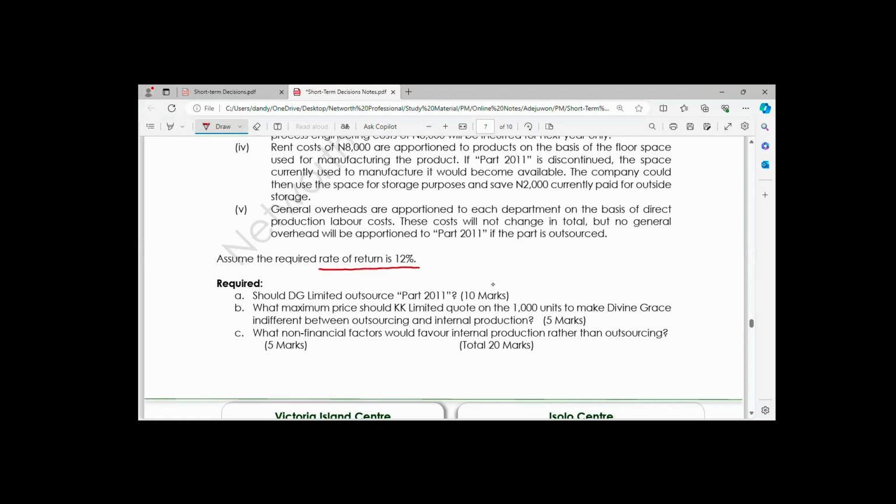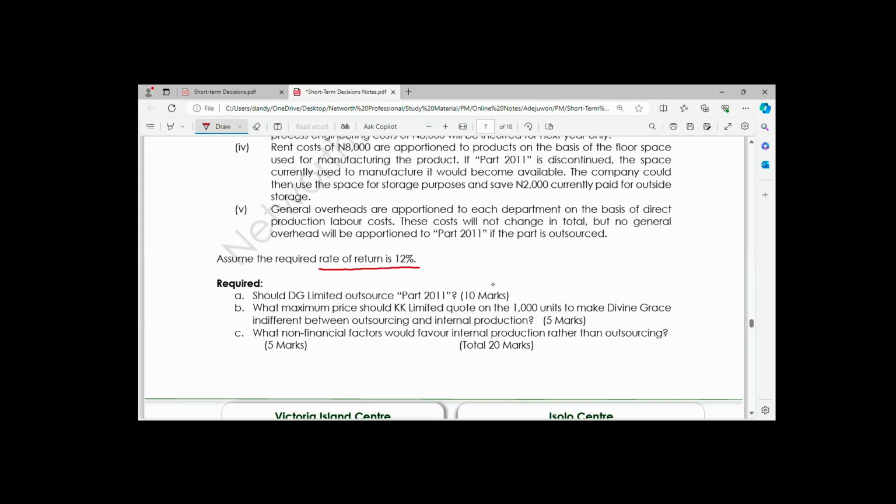So if you are given a cost of capital of 12%, it means that you are supposed to discount the future cash flows to the present value equivalent before you determine savings or deficits from making Part 2011.